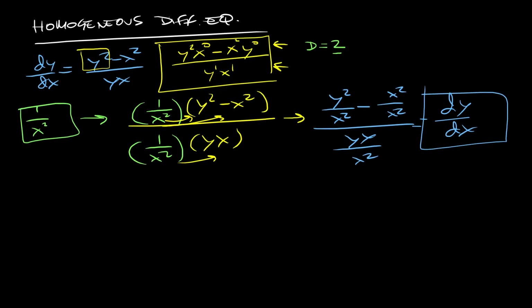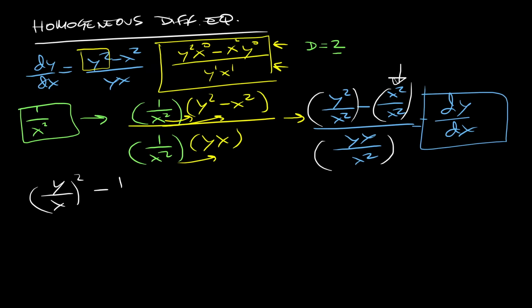Let's simplify. We have (y over x) squared, minus 1, because it's x squared over x squared. And in the other one, we have x to the 1 in the numerator and 2 below, so we get y over x. This is equal to dy/dx.